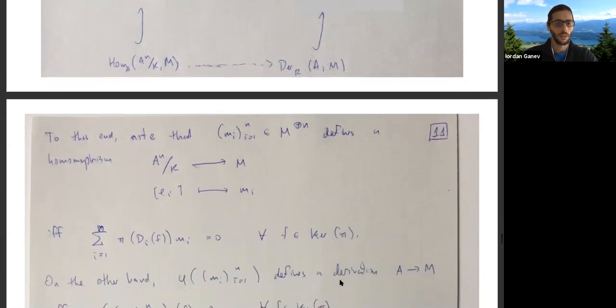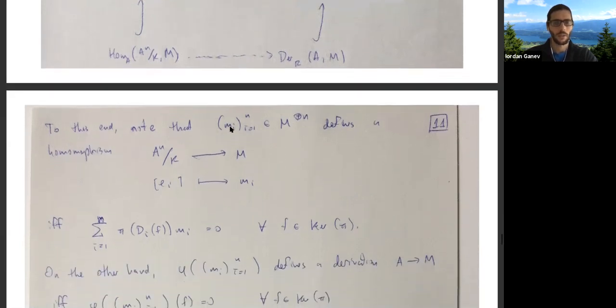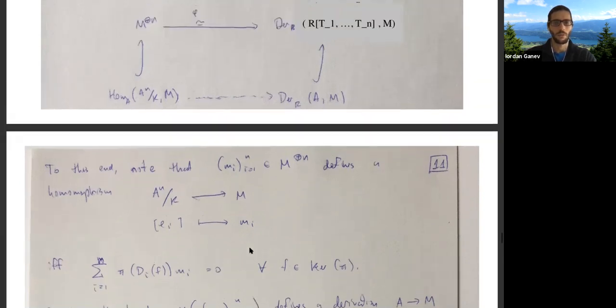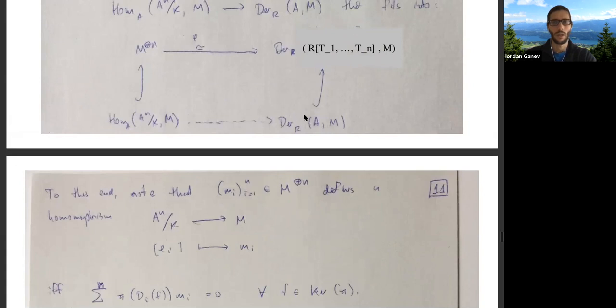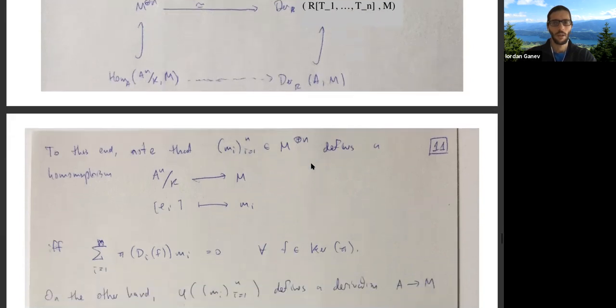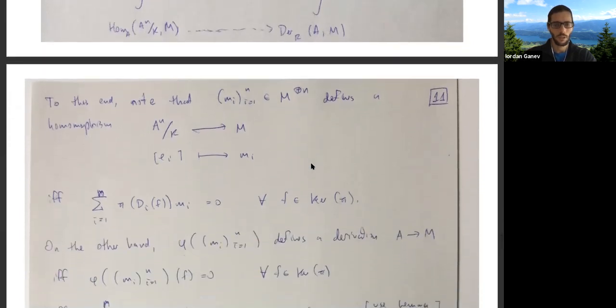All right. On the other hand, let's think about this n-tuple and map it via phi to give us a derivation. A priori it's a derivation just from the polynomial algebra to M. When does it actually land in derivations from A to M? It lands in derivations if and only if it vanishes on all the things in the kernel.